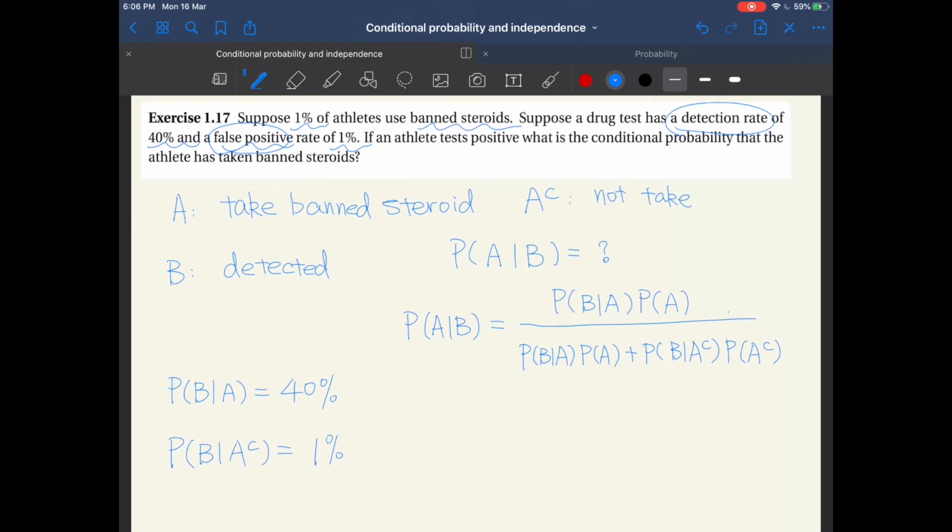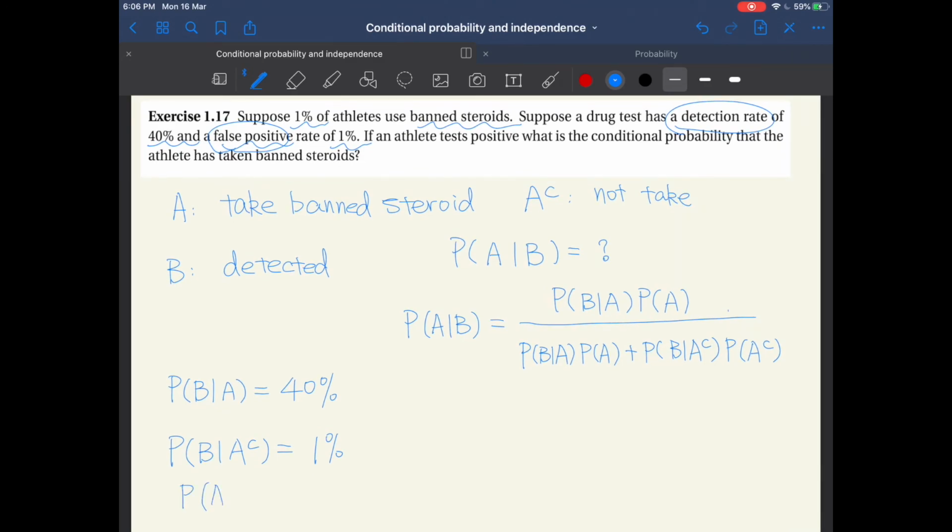And now, what is probability of A? That is simply the percentage of athletes that use banned steroids, correct? So that is also 1%. P of A complement would be 99%. With these four numbers, we will be able to compute the conditional probability of A given B. So here, let's just sub in the values.